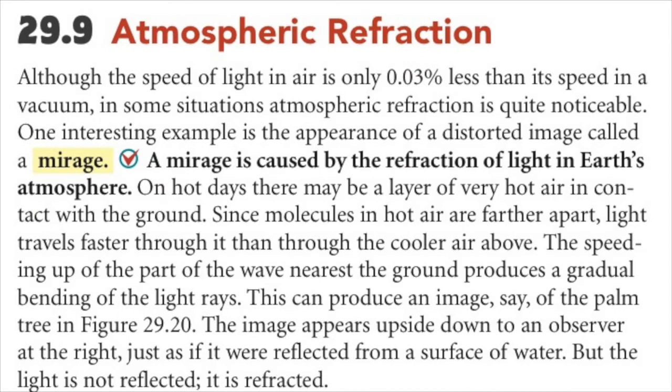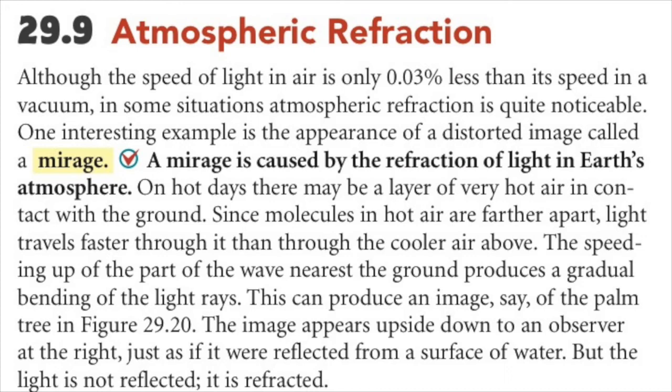29.9, Atmospheric Refraction. Although the speed of light in air is only 0.03% less than its speed in a vacuum, in some situations atmospheric refraction is quite noticeable. One interesting example is the appearance of a distorted image called a mirage. A mirage is caused by the refraction of light in Earth's atmosphere.